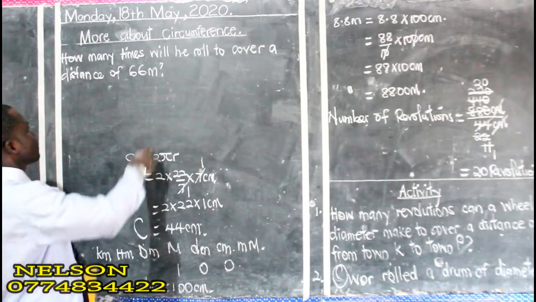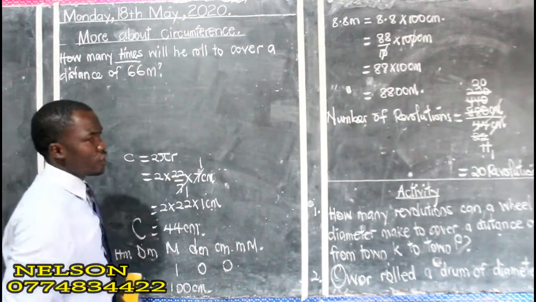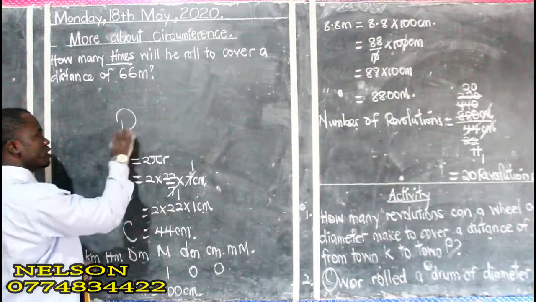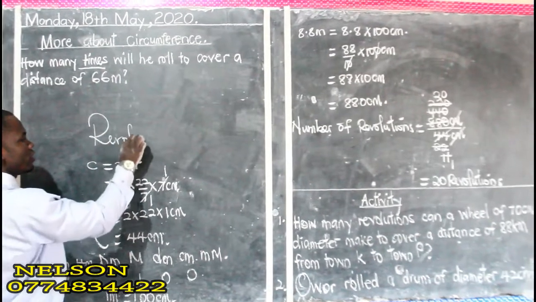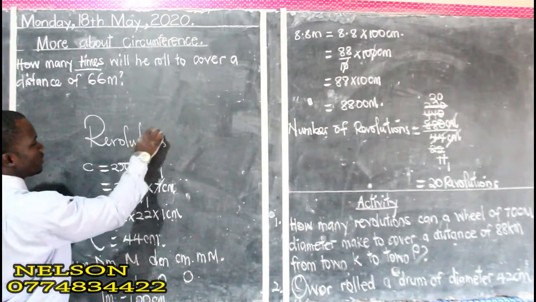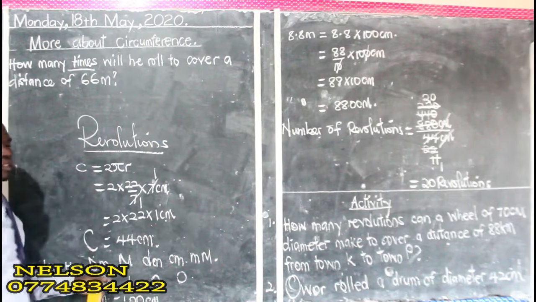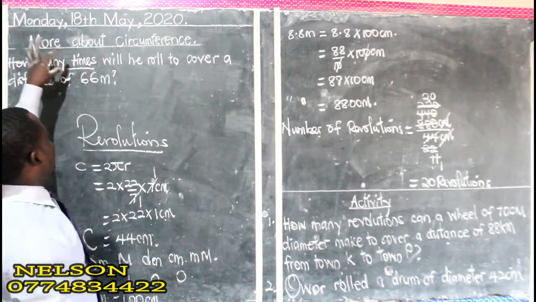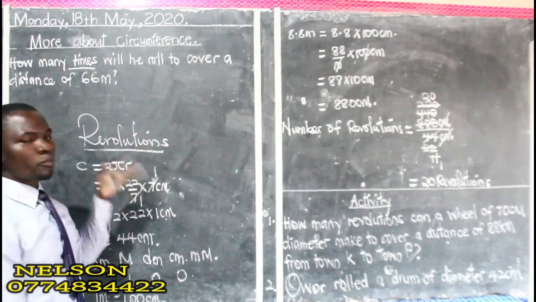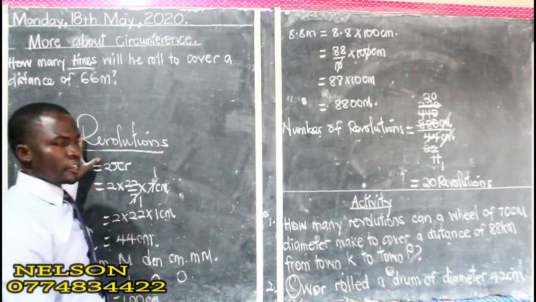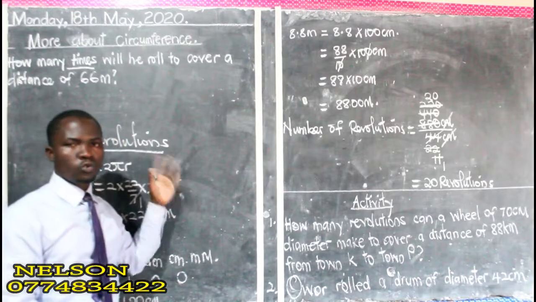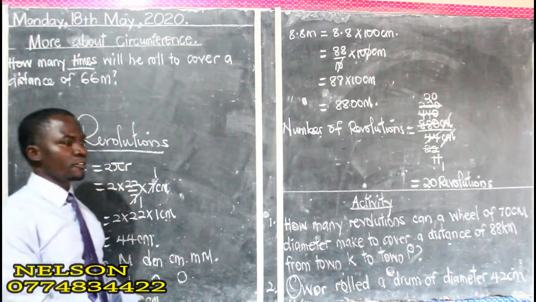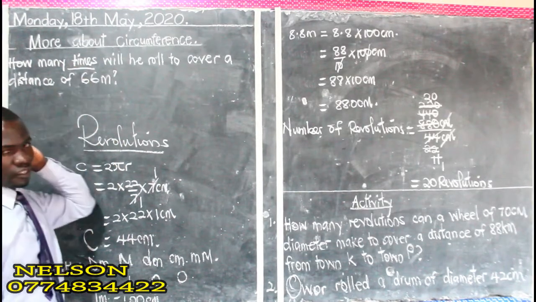How many times is the same as how many revolutions. If we ask you how many times, that's simply asking you how many revolutions. Okay? So don't get confused when you see this.